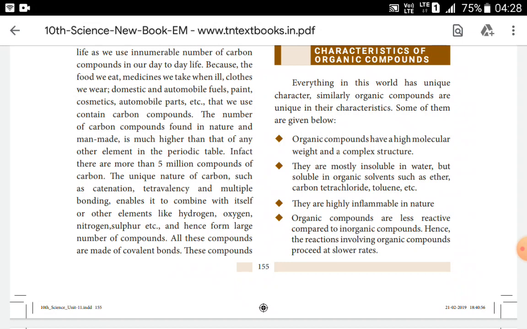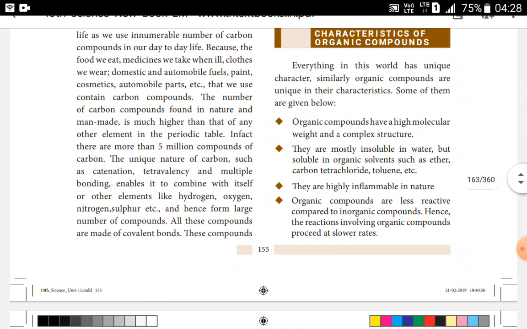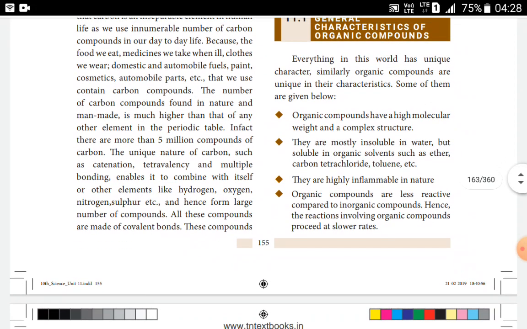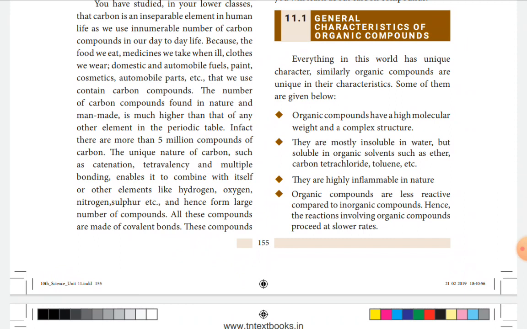Similarly, carbon also possesses some unique character. So first, organic compounds have a high molecular weight and complex structure. The molecular weight is more, and it gives a complex structure.